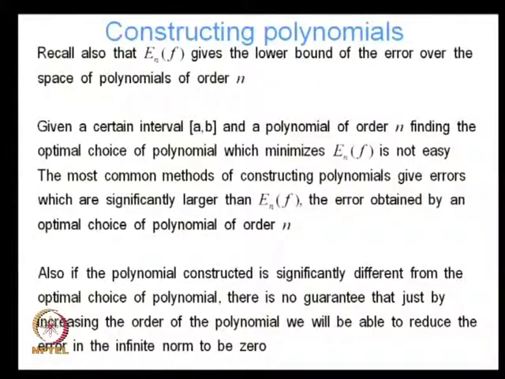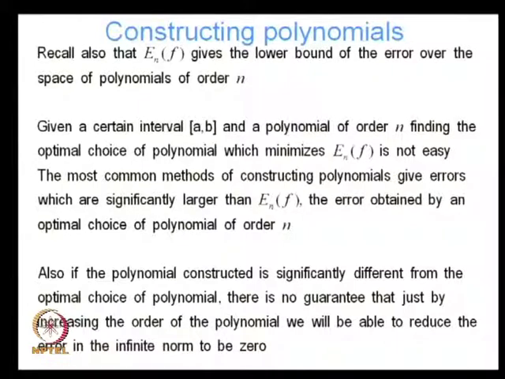So recall also that En of f gives the lower bound of the error over the space of polynomials of order n. What this means is that in order to find En of f, we have to try all the polynomials of a certain order and find the optimum polynomial, the one which gives the lowest error in the maximum norm. That is practically impossible.